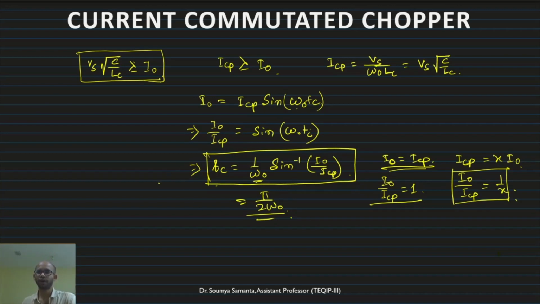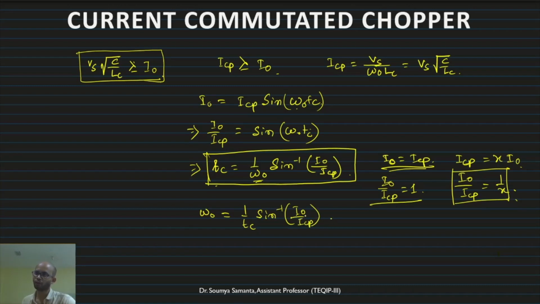Now if we replace this Tc with these expressions, in another way, omega naught equals 1 by Tc sine inverse of I naught by ICP.